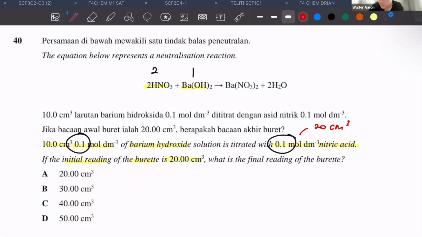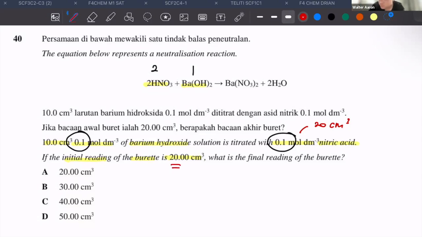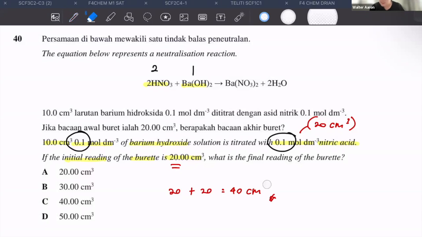Since the initial reading is 20, and you also use up 20 of it, as you go lower and lower, the number gets higher and higher. So to get the final reading of the burette, it is 20 plus another 20, which is a total of 40 cm cube. The burette is a bit weird in the sense that the scale goes in the opposite direction. So therefore, it's 40. The answer is C.